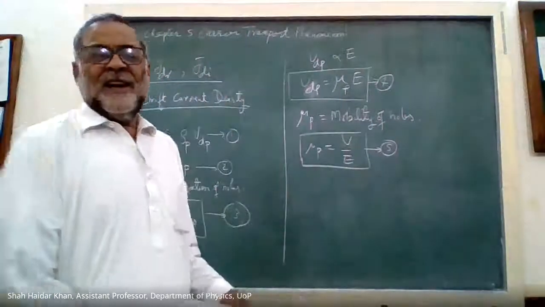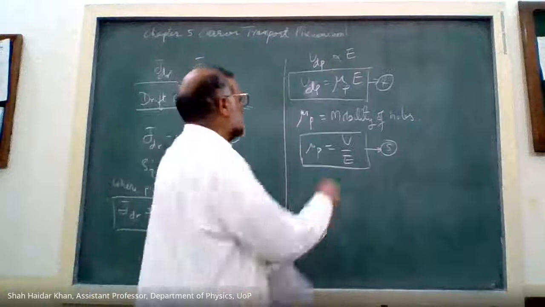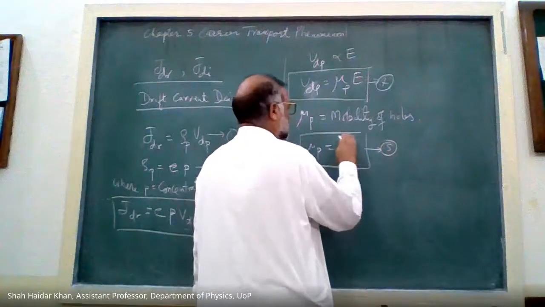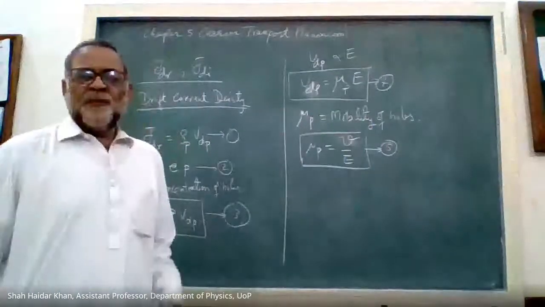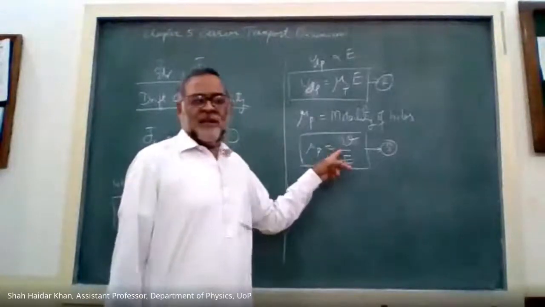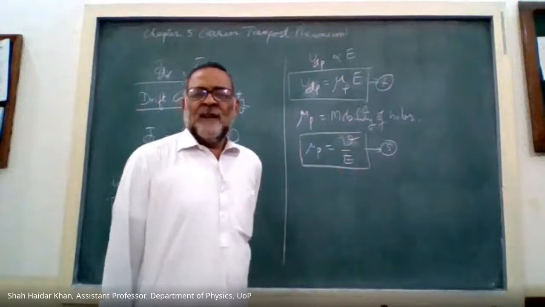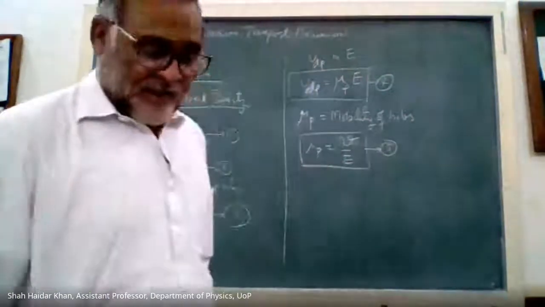So mobility is actually the ratio of velocity. That is not potential. This is not potential. It is velocity when we write it like that. So the ratio of the velocity of charge carriers to the electric field applied is called the mobility of those charge carriers.